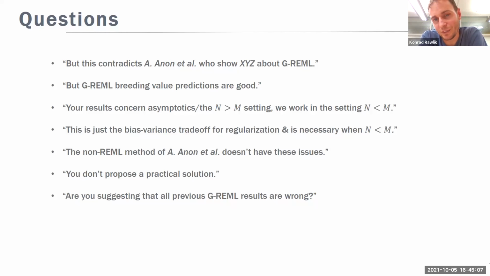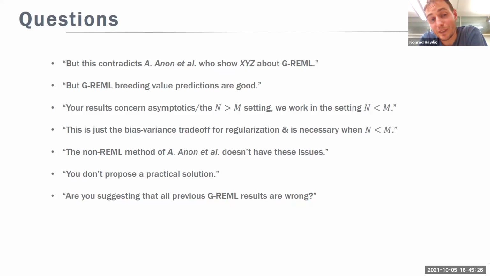You can extend this result to the full spectrum of sample sizes and marker numbers. It just gets more tricky to interpret and explain. So you can go to the paper and it's all there.